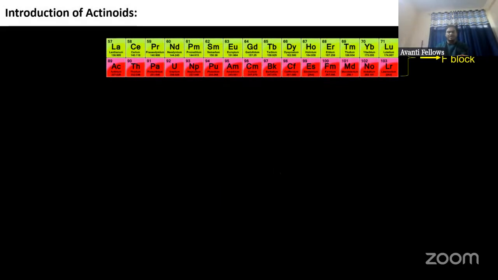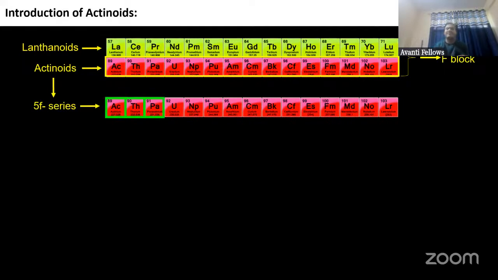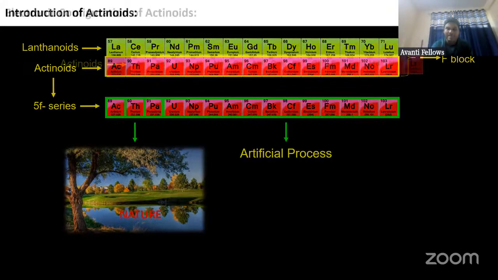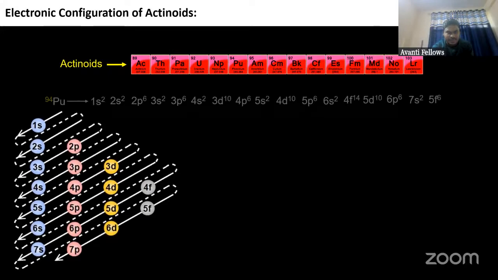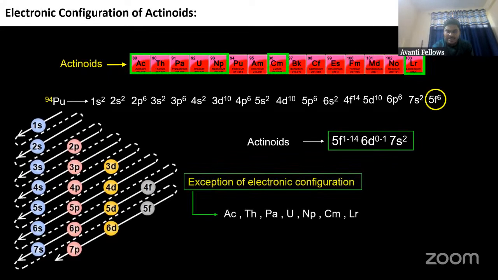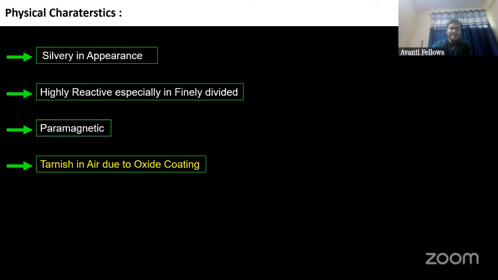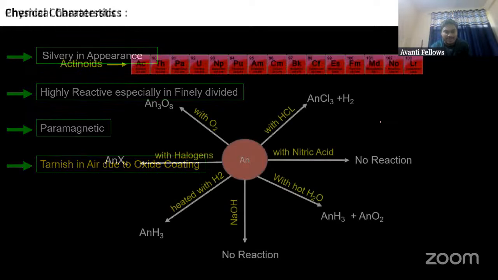Now, what about actinoids? In actinoids, we have the 5f series. They are also made by artificial processes, and some occur naturally. Most of them are radioactive, apart from a few. They are silvery in appearance, highly reactive, especially in finely divided form, paramagnetic, and tarnish in air due to oxide coating.